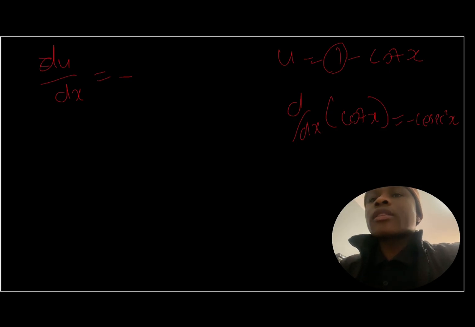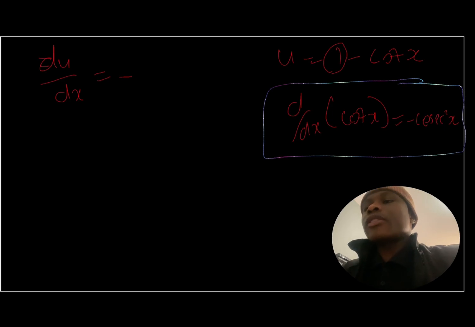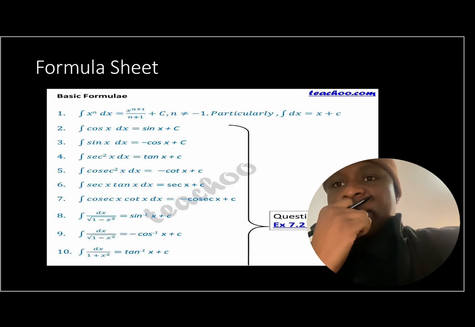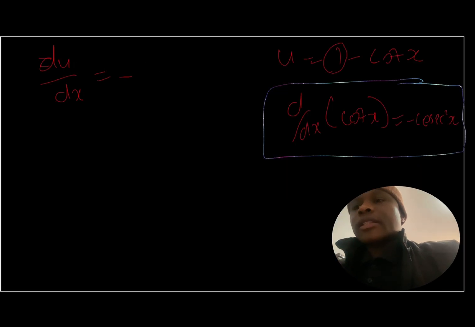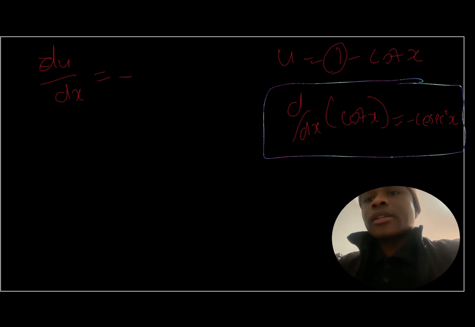Remember this. Refer to the formula sheet. When we differentiate cot x, it will be negative cosec squared x. Let's put it in brackets: negative cosec squared x is our differentiation.